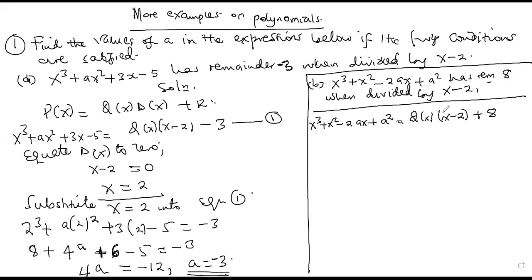So still in this case, you equate the divisor to 0. For x minus 2 is equal to 0, that is the divisor, it would mean that x is equal to 2.